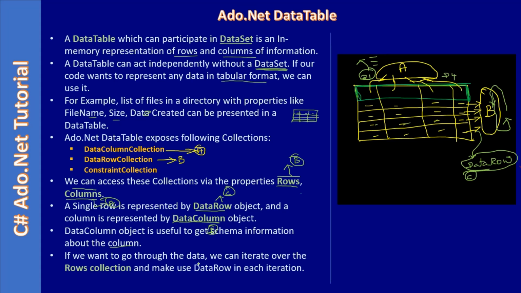If we want to go through the data, we can iterate over the rows collection, right? Each one is a data row, and that way you can iterate through all 4 rows here in this example. If we want to go through the data, we can iterate over the row collection and make use of the data row in each iteration.